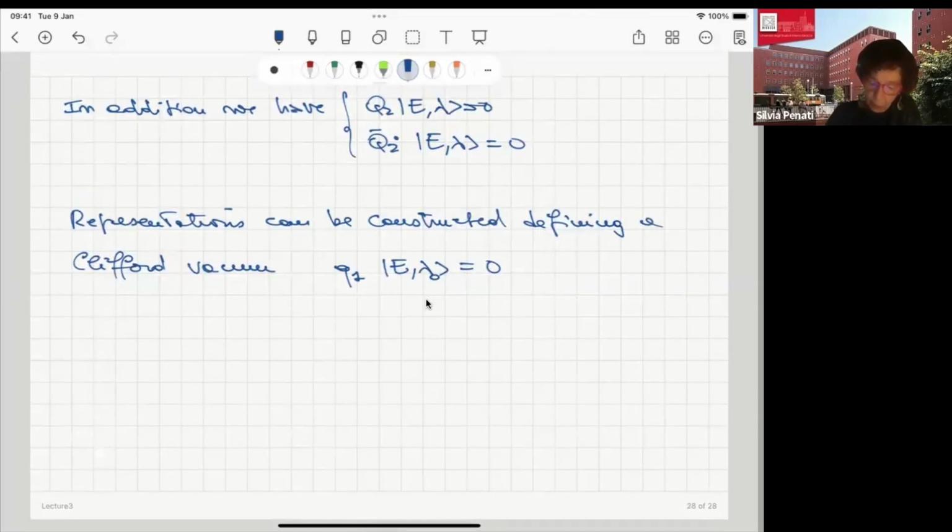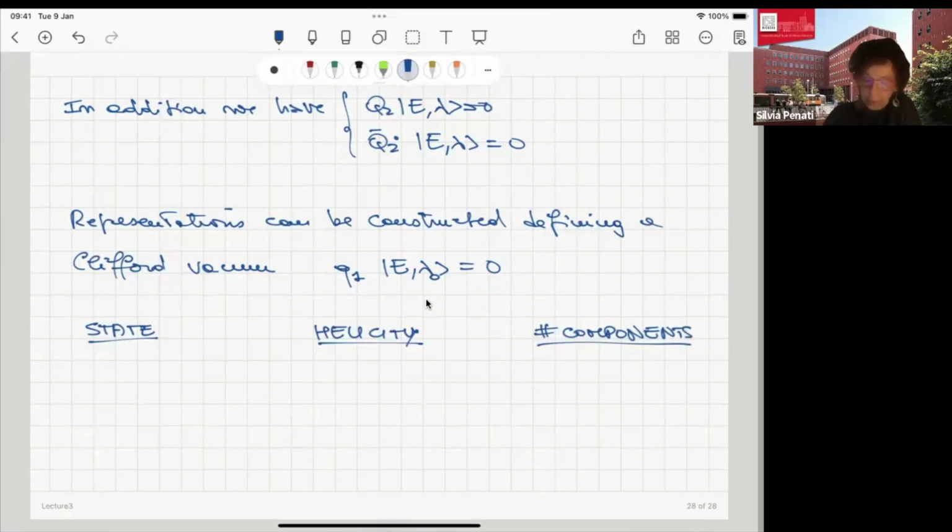As we did before, we can construct a table with the state. This is not spin, but this time this is helicity, and the number of components. So if we start with this state, we have helicity lambda 0, and the number of components is 1.